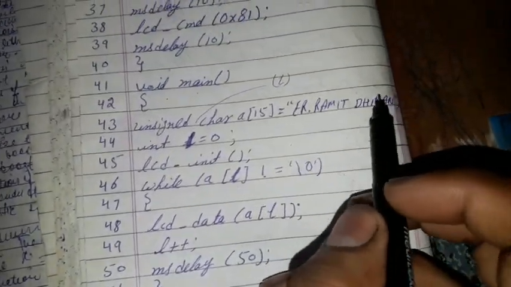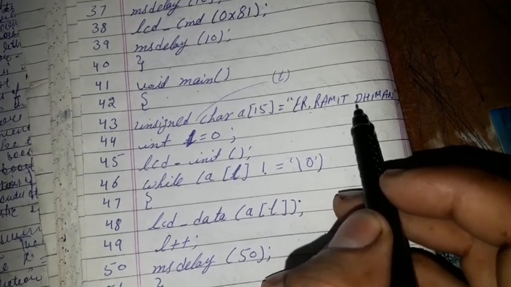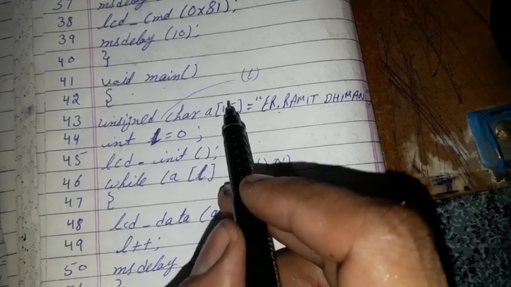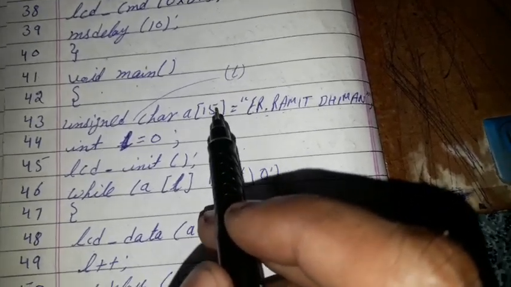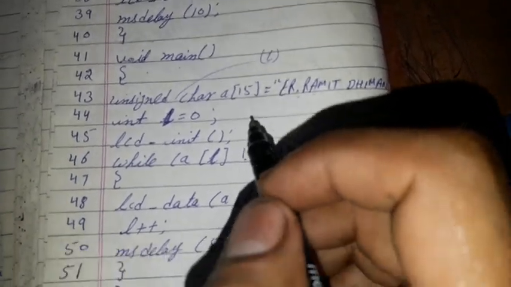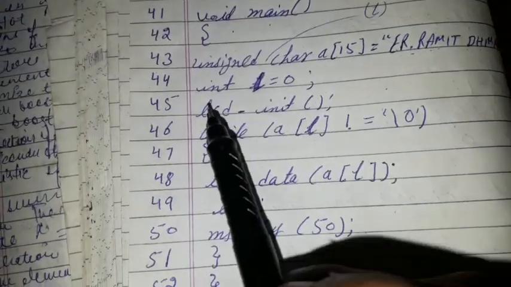We have the second line, Ramit Dhiman Engineer, Ramit Dhiman: 1 2 3 4 5 6 7 8 9 10 11 12 13 14 15. So we provide 15. If we put 14, it gives an out-of-bound string error, so we use 15 on it, never 14 or anything else. We can also use 16 on it.